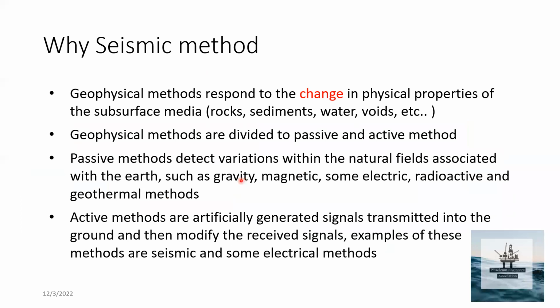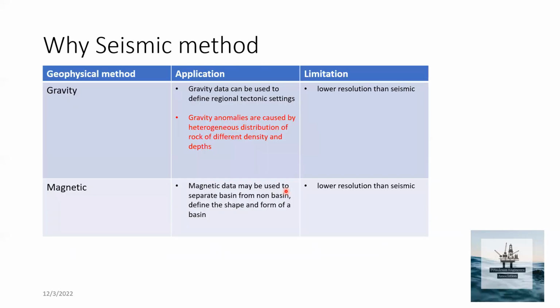That means the properties we are measuring come naturally out of the Earth, like gravitational force, magnetic, and some electric, radioactivity, and geothermal methods. So you do not have to induce anything into the Earth. It's naturally measured. Active methods use an artificially generated signal transmitted into the ground, and then measure the modified received signal, like the seismic.